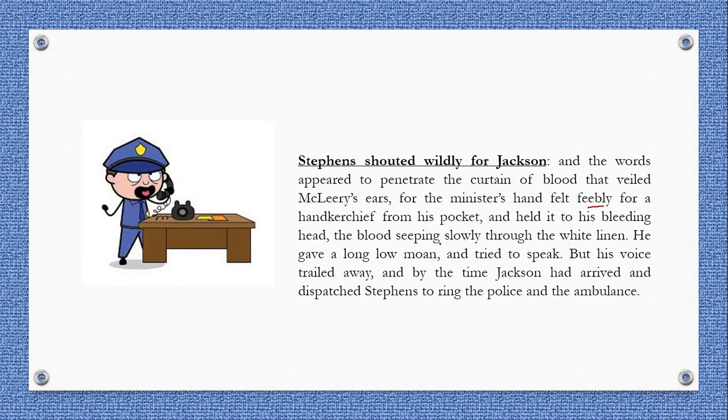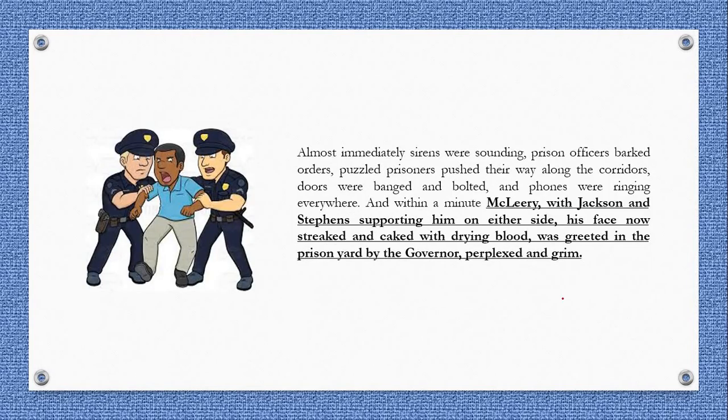By the time Jackson had arrived and dispatched Stevens to ring the police and the ambulance, almost immediately sirens were sounding. Prison officers barked orders, puzzled prisoners pushed their way along the corridors, the doors were banged and bolted, and phones were ringing everywhere. So there was great chaos.